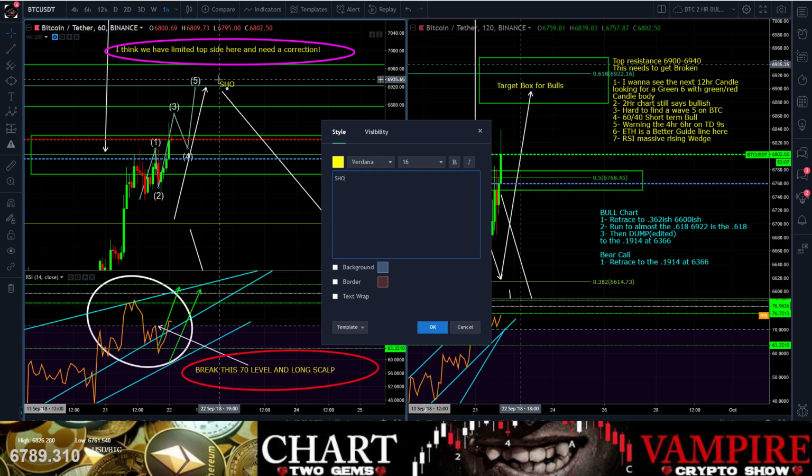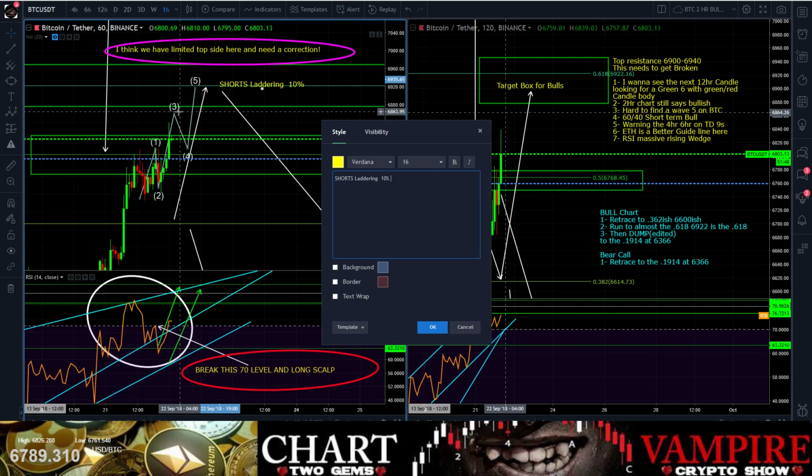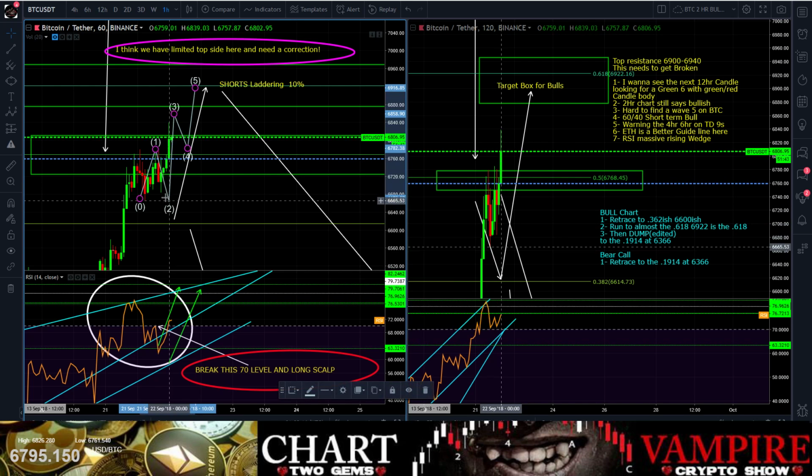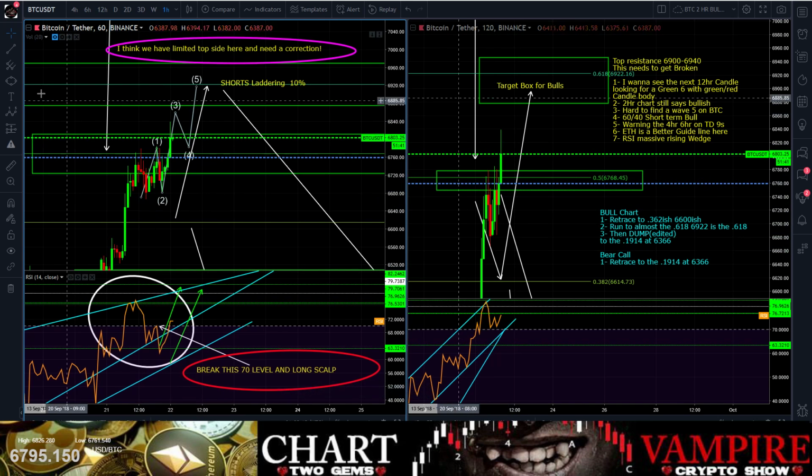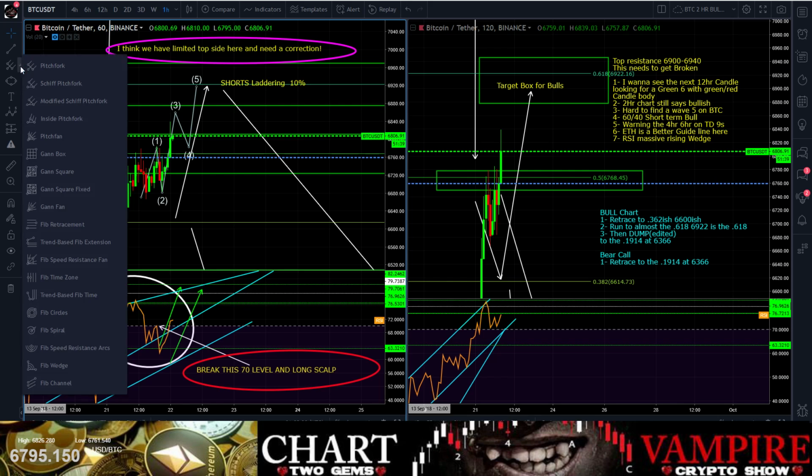I'm gonna set shorts laddering. And if I get blown out, shorts laddering, so I'm going to do 10%, 10% at, so if this was my wave 3 right there, so look, we're 1, 2, 1, 2, we're going to do a fib extension right here.